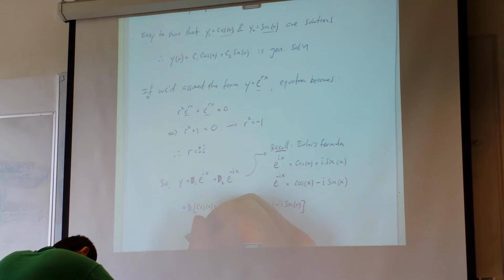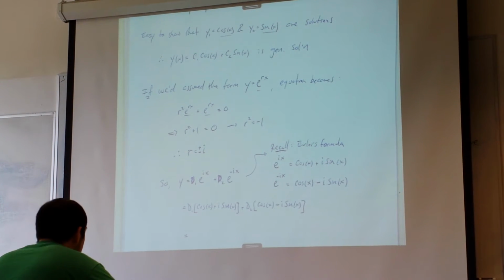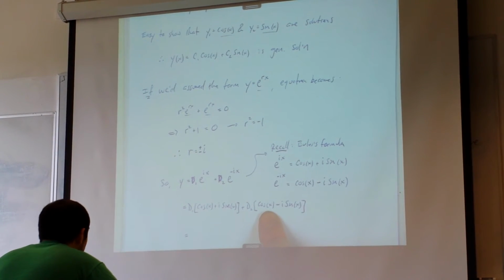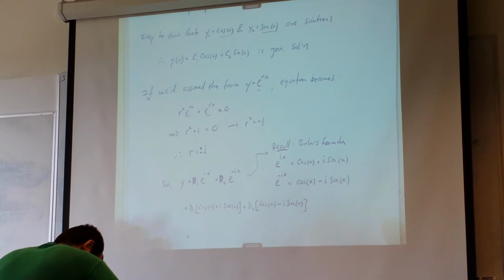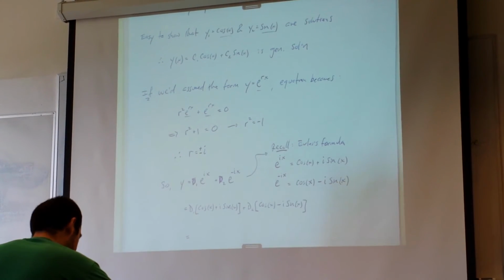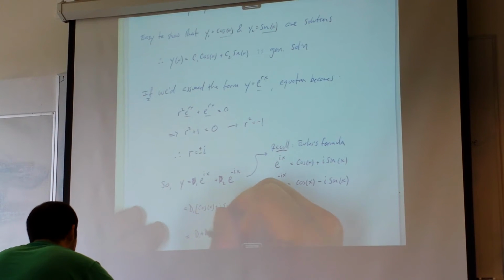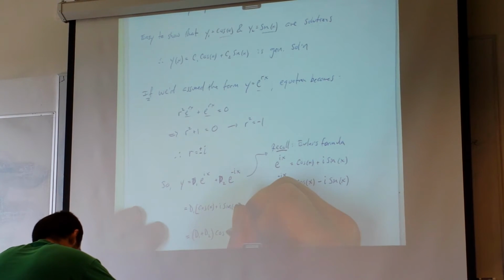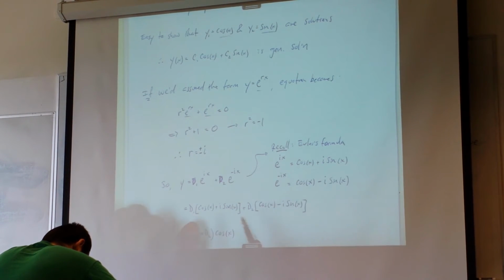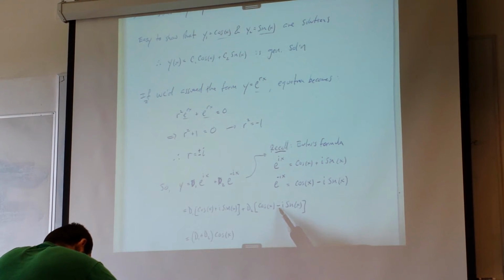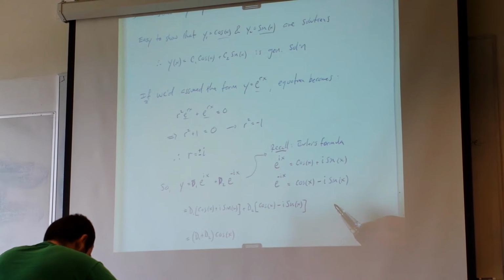Okay. Now what I'm going to do is get the cosine terms together. It would be d1 cosine x plus d2 cosine x. So a couple steps of factoring and getting like terms together. It would be d1 plus d2 cosine x, and I'd have plus i times d1 sine x minus i d2 sine x.